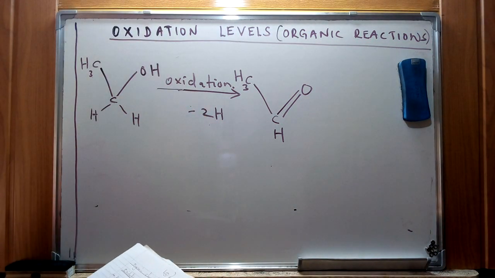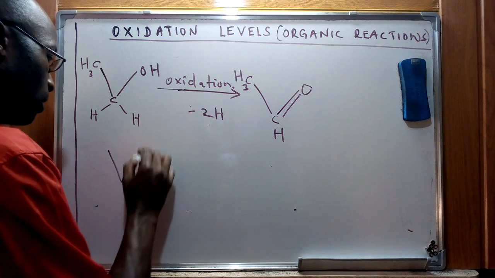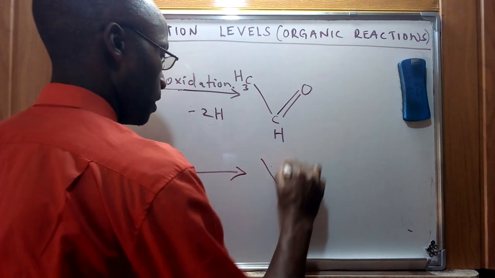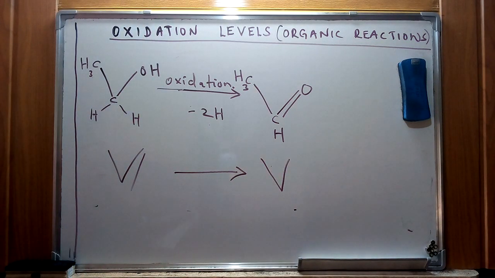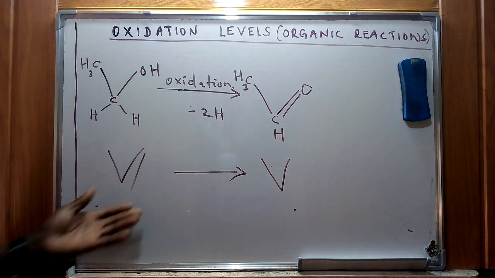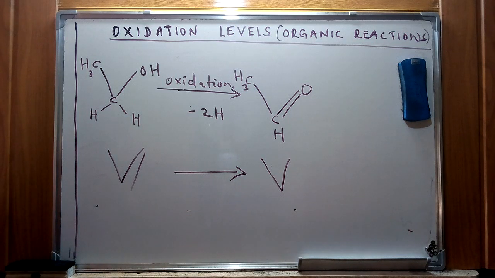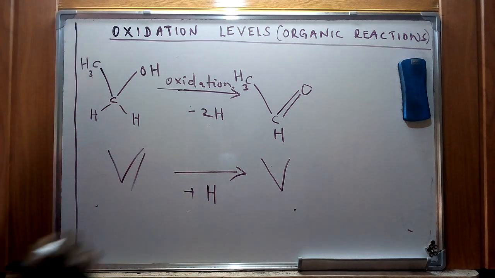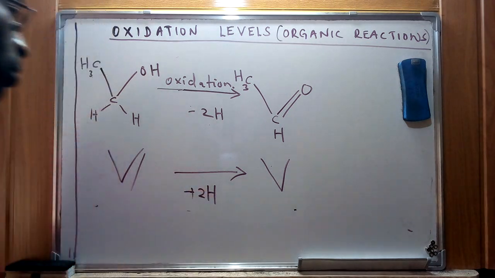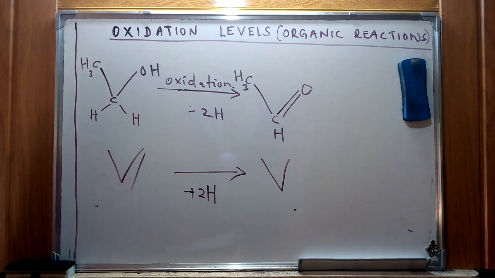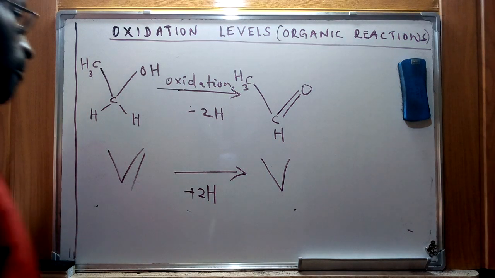If I have an alkene being transformed into an alkane, this is a double bond and a single bond respectively, so we can identify these compounds outright. This reaction is accompanied by addition of hydrogens, and therefore 2 hydrogens have been added to the reagent to form this final product. And this process is referred to as reduction.